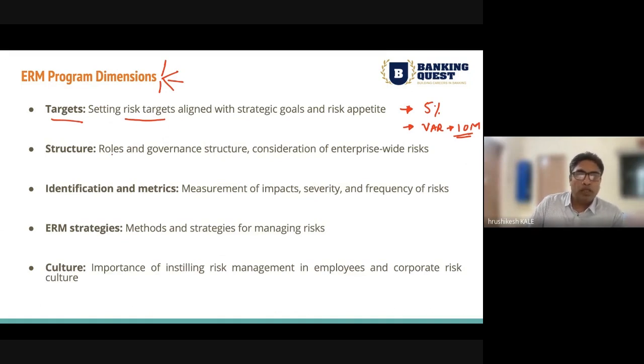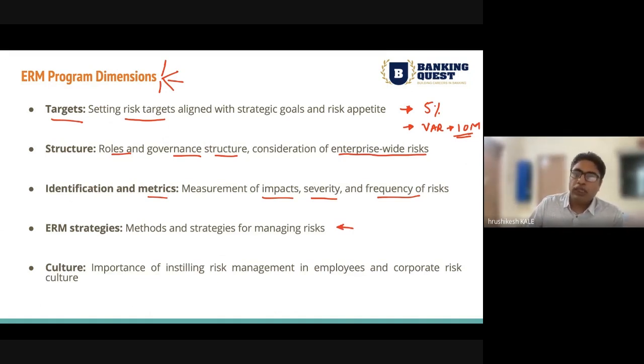Structure, role and governance structure should be in place by considering enterprise-wide risk, measurement, identification and metrics, measurement of impacts, severity and frequency of risk. ERM strategies, basically what are the strategies for your company to manage the risk.